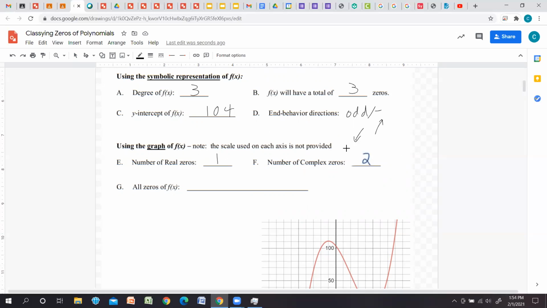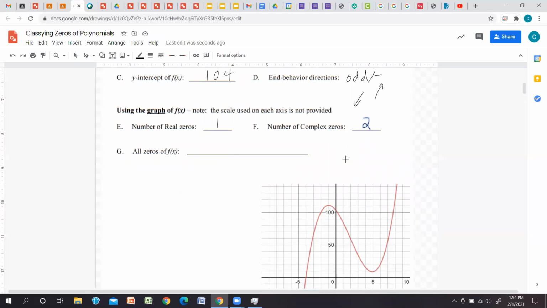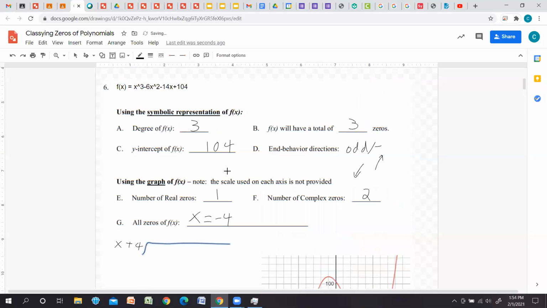Okay. So what we're going to do is use long division to find the other zeros. First of all, one zero is x equals -4. That means the factor is going to be x plus 4. So we're going to divide by x plus 4. We write out the function, and we're going to divide it by x plus 4.